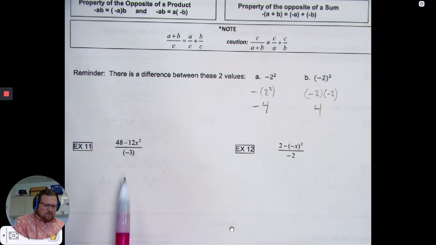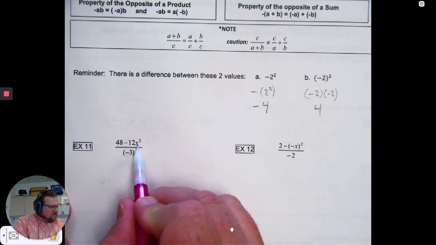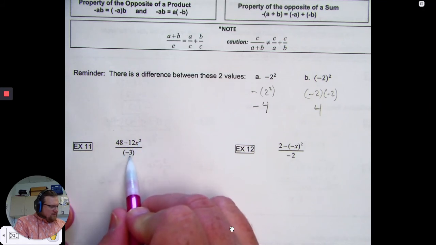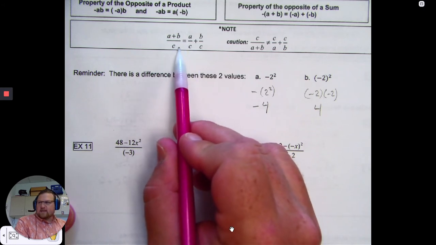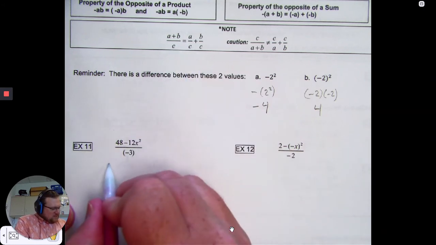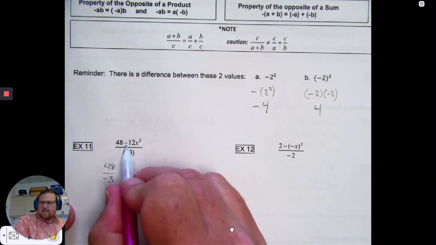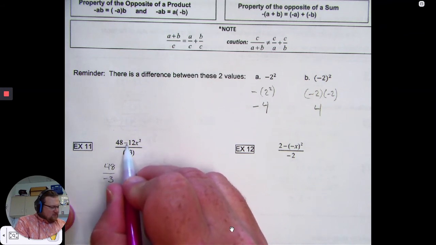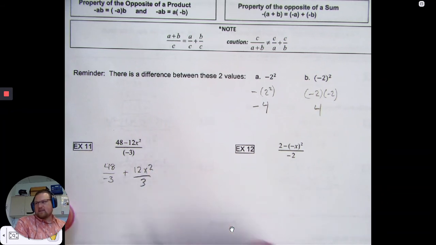So on to number 11. Okay, as we look at number 11 here, we have 48 minus 12x squared all over negative 3. Well, just like up above, we can break this down into 2 parts. So we can break this down into 48 over a negative 3. And then here we have this minus and this negative, so those are actually going to make this a positive 12x squared over 3 because the negatives cancel each other out.